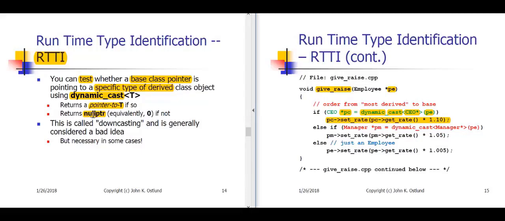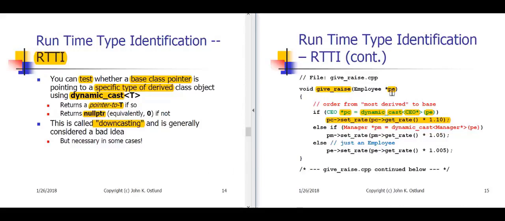This process of examining a base class pointer to test whether that base class pointer is pointing at a derived type of object is referred to as downcasting, and this is somewhat frowned on in C++ for various reasons. In other languages like Java, it's the conventional way of doing business, so I'm not going to really express a deeply held opinion about this.